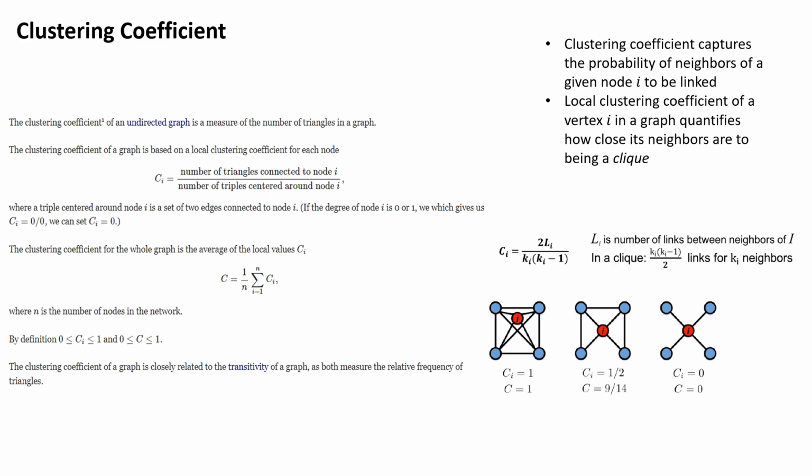So your clustering coefficient of node I will be given by the number of connections among the nodes connected to that node I, divided by the number of triples centered around I. Triples is the one that I talked about.